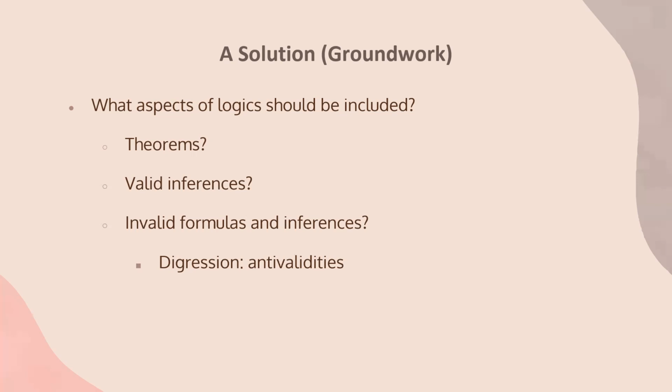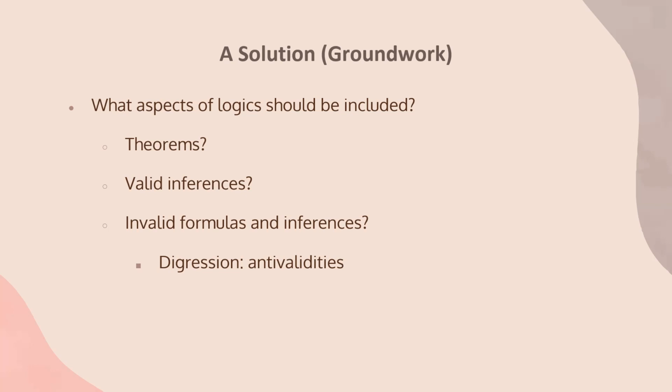Anti-validities you can think of as a generalization of a contradiction, a statement that is never satisfied by a particular logic. Contradictions are classical anti-validities, but they are not anti-validities in most paraconsistent logics. LP has no anti-validities, but some other paraconsistent logics do.